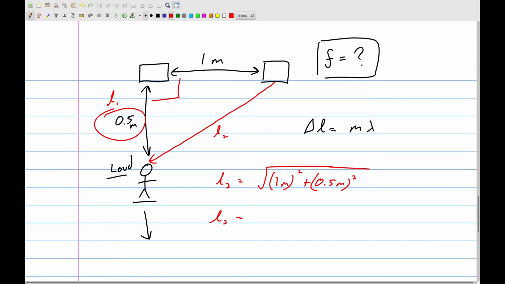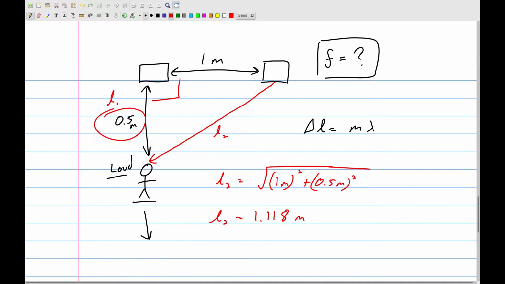And when I get this, L2 is equal to, give me a second here, let me use my calculator. You should probably be doing this yourself too. So square root of 1 squared, which is just 1, plus 0.5 squared, I get 1.118 meters. Okay, so now that I have that, what is the difference between the two paths?